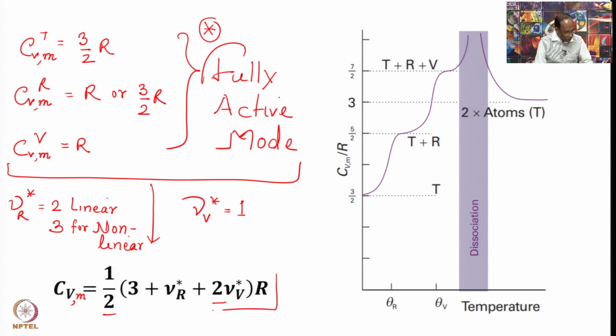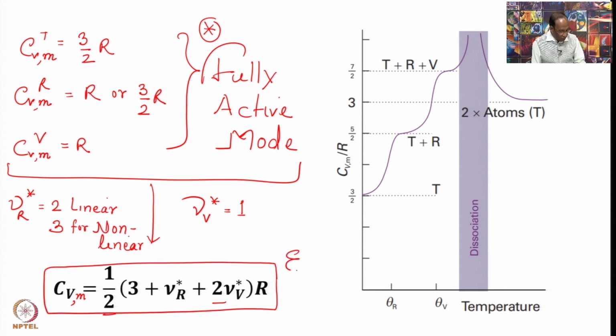Therefore, this equation is a good equation to estimate the value of CVM. I am not saying to calculate the value of CVM. There is a difference between estimation and calculation. Estimate is an approximation. Why am I saying approximation?